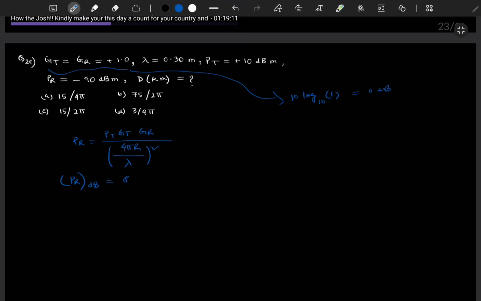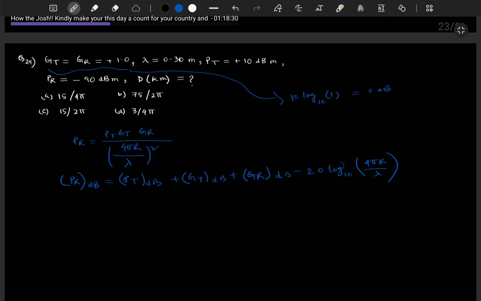In dB, it is PT in dB plus GT in dB plus GR in dB minus 20 log base 10 of 4 pi r by lambda.